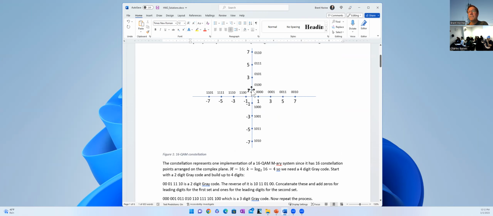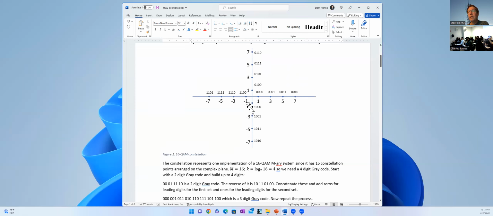Now this point is nearest neighbor with this one, so these 2 points have to satisfy the gray code also. You can do that by starting at 0, 1, 0, 0 and running out that radial arm. Continuing the process to here, make sure this code satisfies the gray code criteria with this one, with only 1 digit changing. Then you can run out that way.